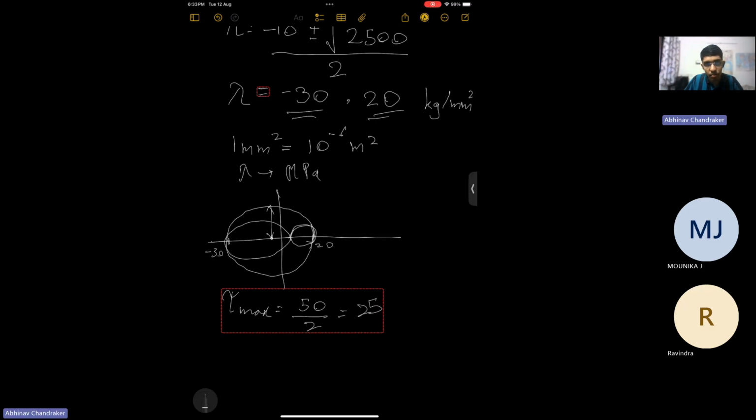The hydrostatic stress component is. So how do you find the hydrostatic stress component? The mean stress, right? Mean normal stress equal to the mean of the principal stresses, right?